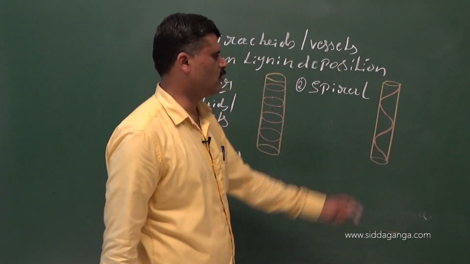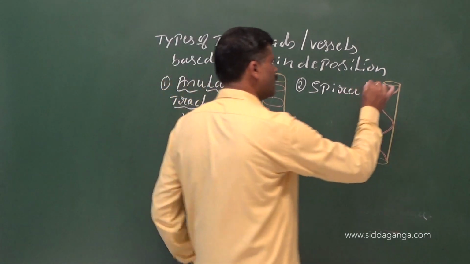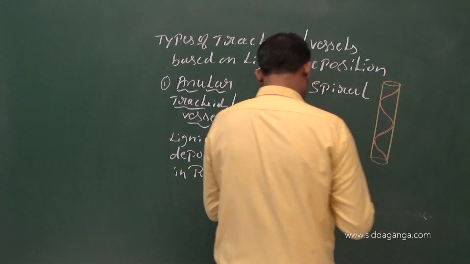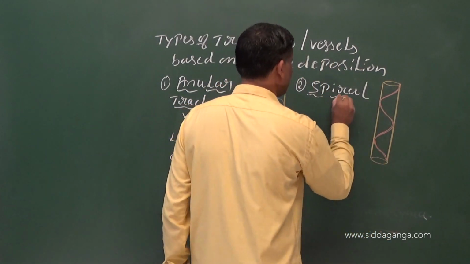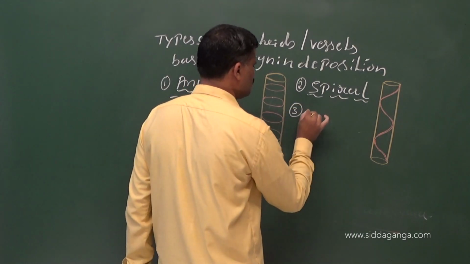So the lignin deposition occurs in the form of spiral. Okay, spiral. Next, third type, that is reticulate.